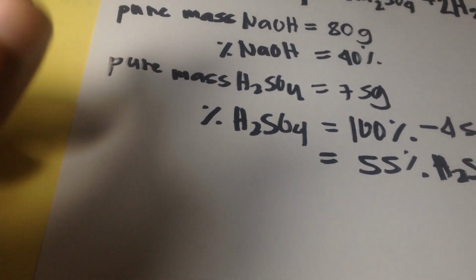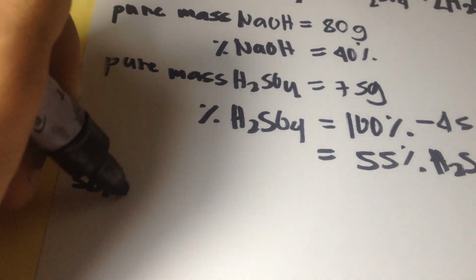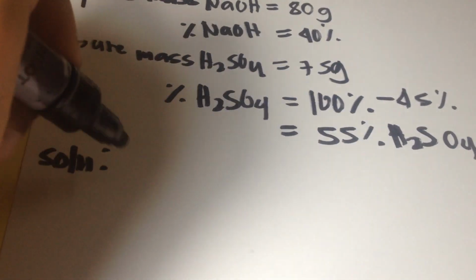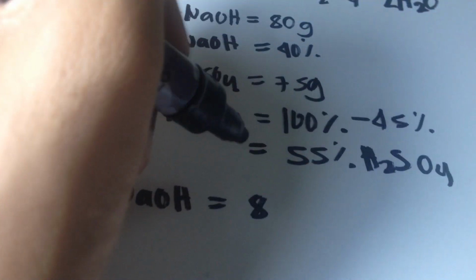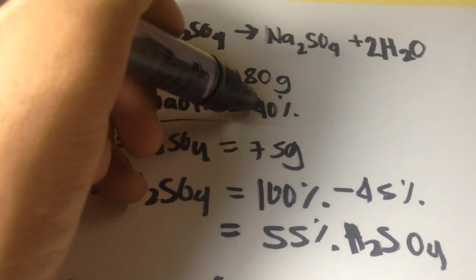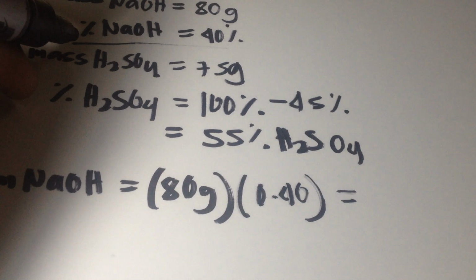So let's begin. Solution. The mass of sodium hydroxide is 80 grams times the percent, 40, which means 0.40. 80 times 0.40 is equal to 32 grams of sodium hydroxide.